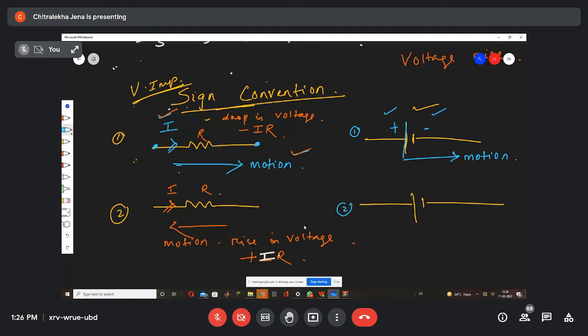If you are traveling from higher potential to lower potential, you take that as a drop in potential or drop in voltage. If the battery has voltage E, you take minus E, irrespective of whether the current goes from left to right or right to left.